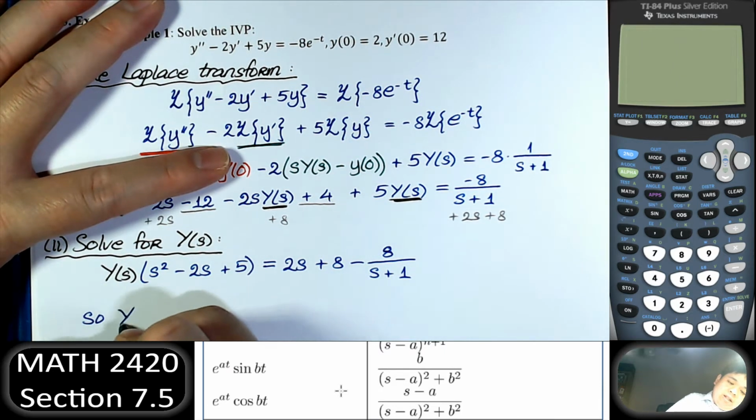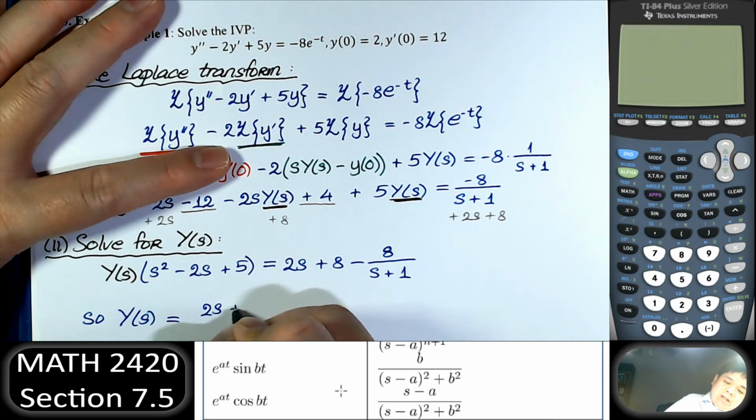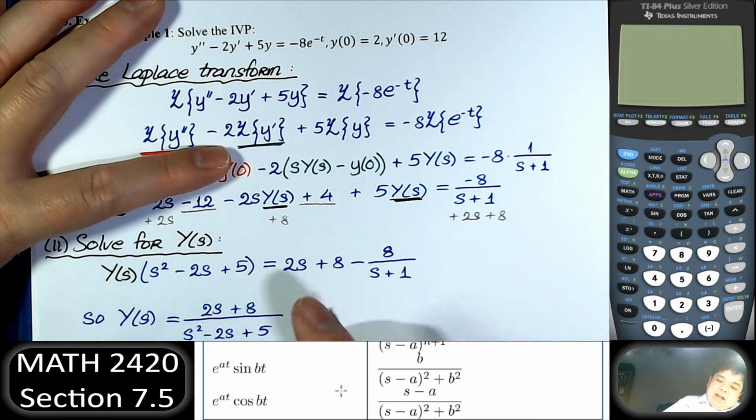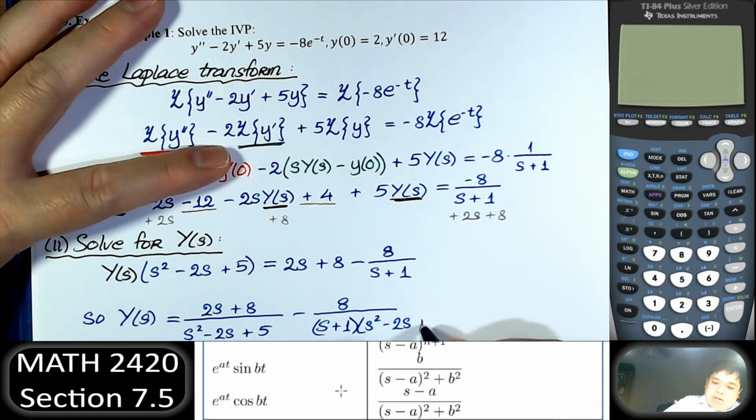So y sub s equal to 2s plus 8 over s squared minus 2s plus 5, and then minus 8 over s plus 1 times s squared minus 2s plus 5.